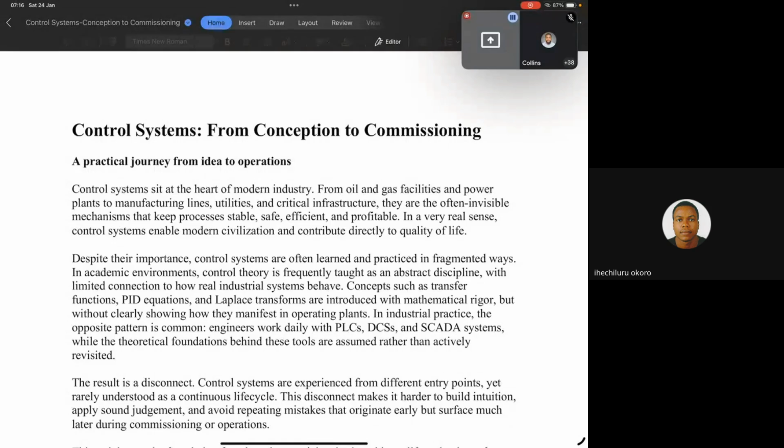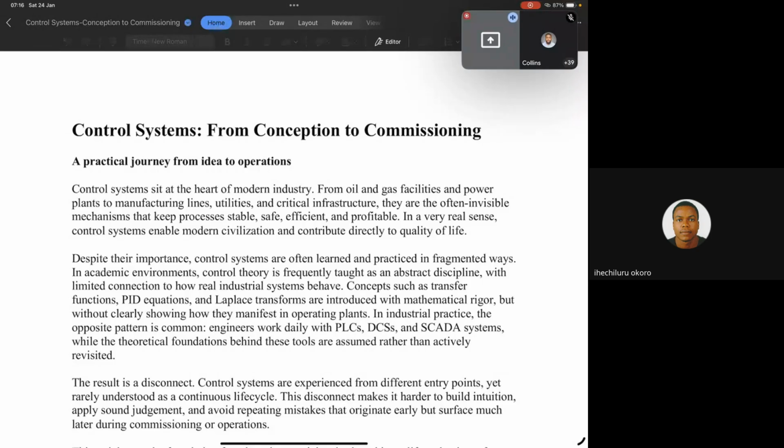And it's designed to bridge that gap. Students in the university, or in fact, many of us, when we were in the university, we were taught control systems from the perspective of mathematics, without any bearing to the applications in industry.